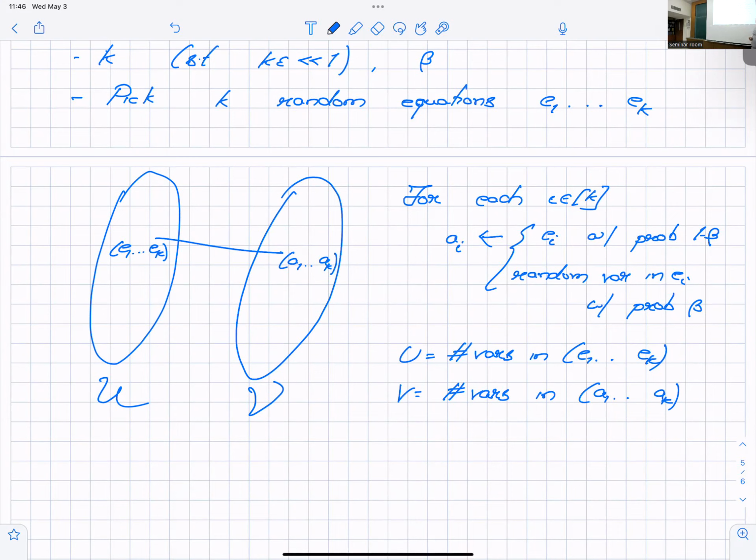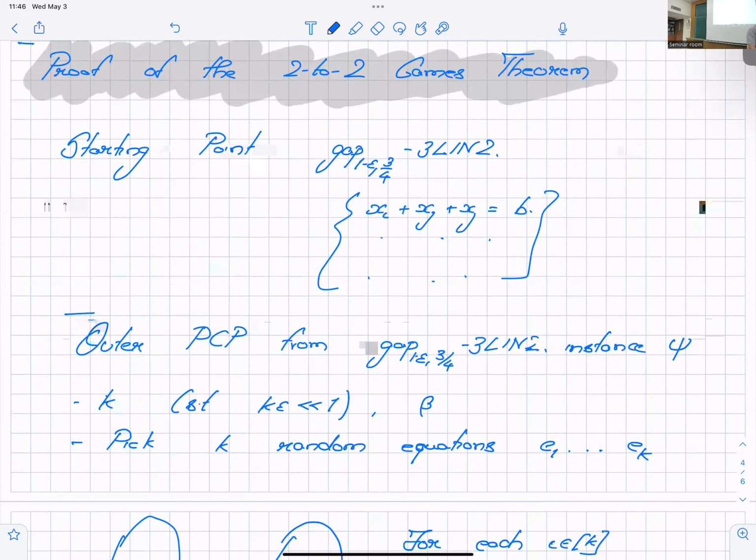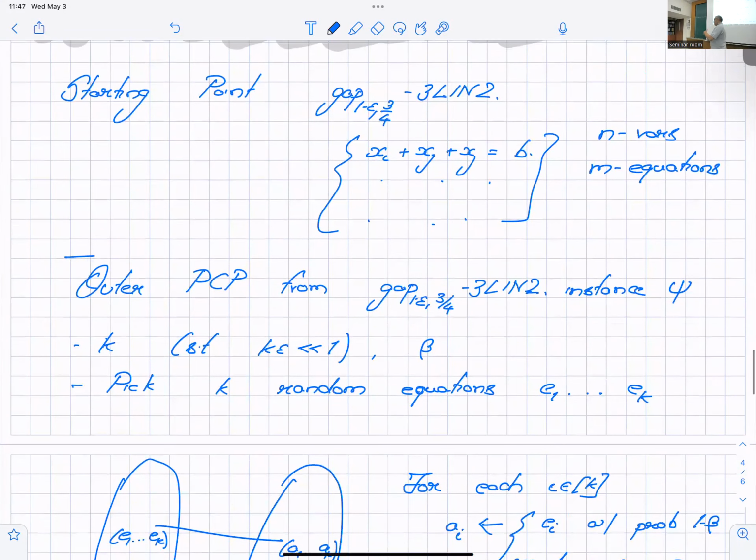We're going to think of K as a constant, and N and M as very large. So for gap 3-Lin, once again it's N variables, M equations. In this proof there are going to be several things. N and M are the things that go off to infinity. K and L are constants which go to infinity at a much slower rate.